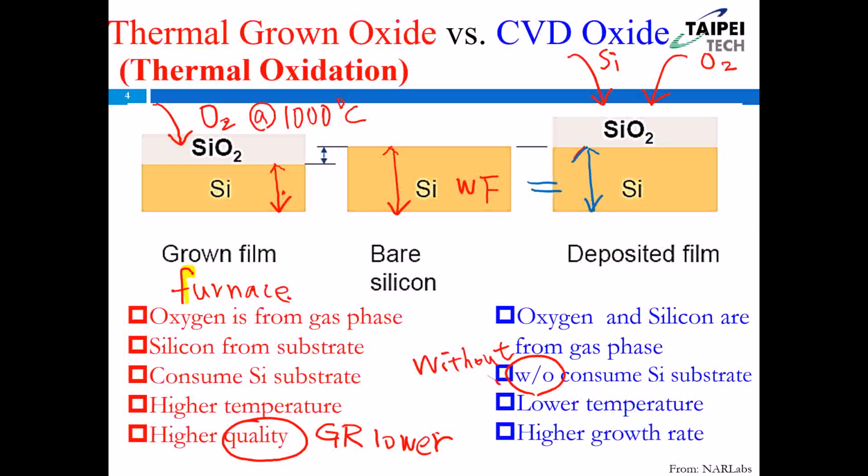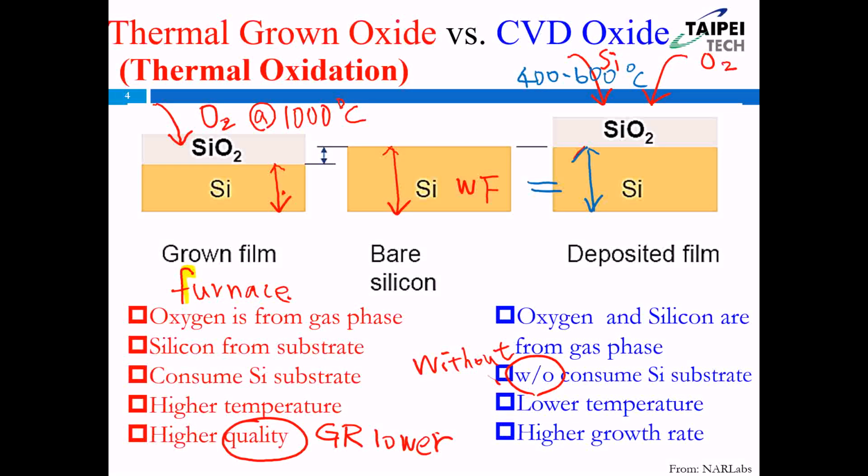Okay, and today only lower temperature is used. So maybe 400 to 600 degrees Celsius is quite enough. Why is the temperature different?